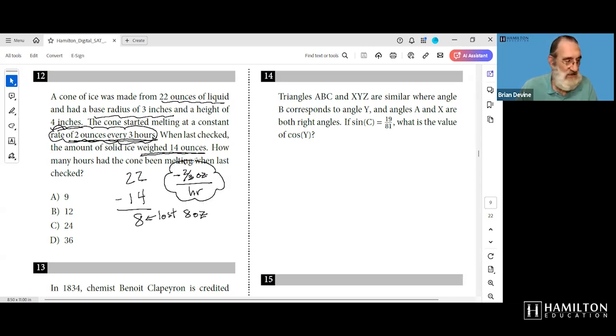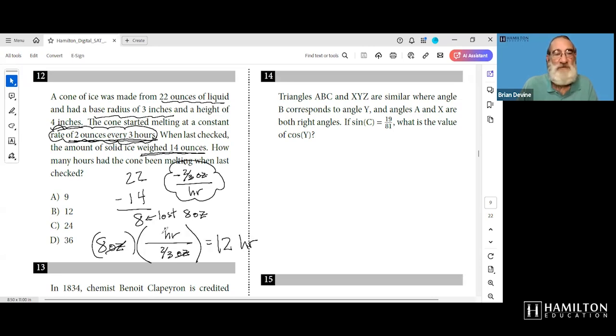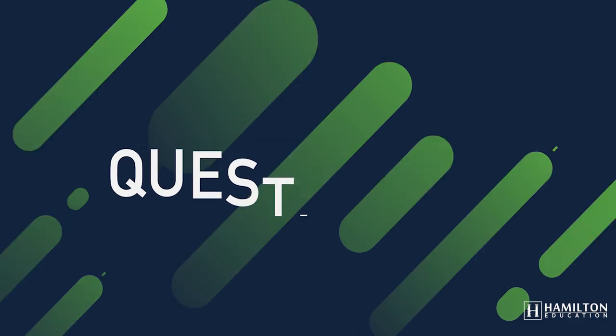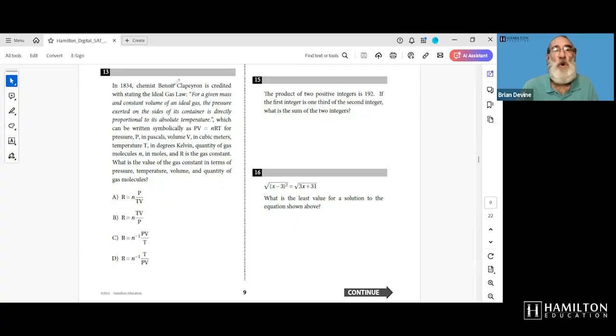So if I look at that, then we must have had 8 ounces, and it's going down by 2/3 of an ounce per hour. The ounces are going to cancel, and I'll end up with 12 hours, 3/2 of 8. So it took 12 hours for the cone to go from 22 to 14 at that rate. Boom.